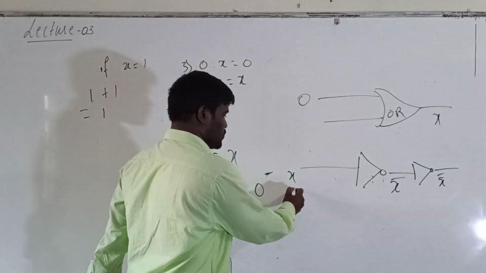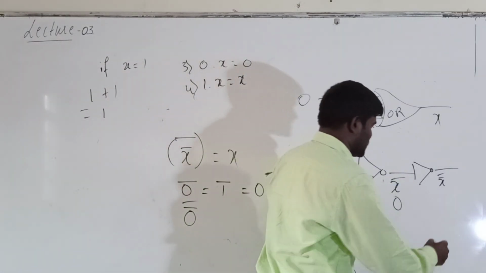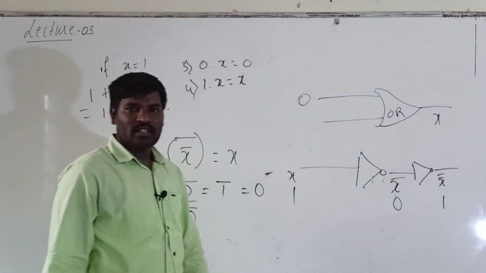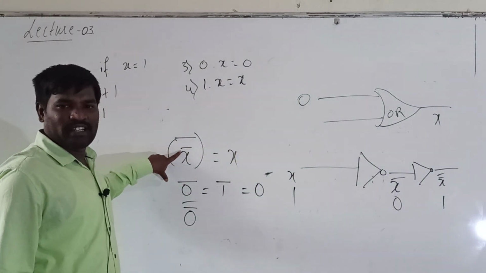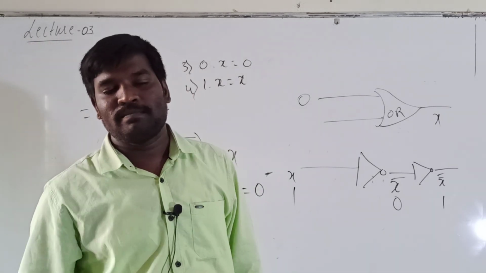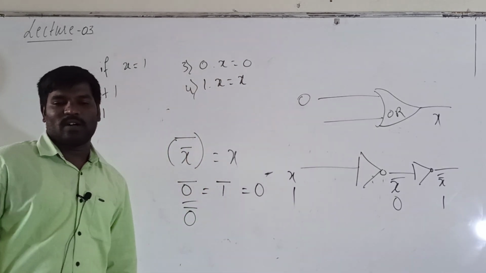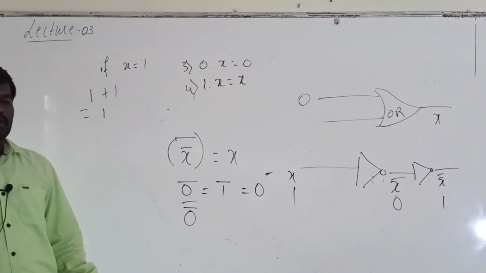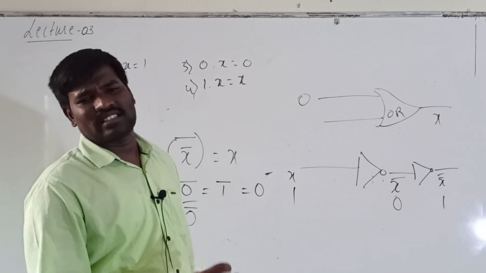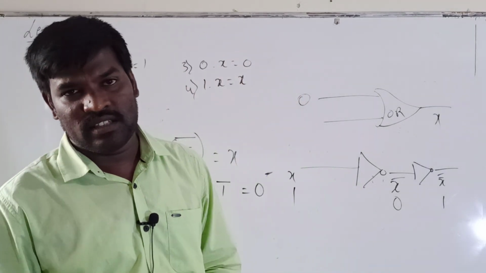If I pass 1, here x bar means 0. Again if I pass 0, you will get 1. The complement of the variable is again complemented, you will get the same value. That is involution law. There are so many laws present in the Boolean algebra chapter, so in the next class we will discuss some more laws.